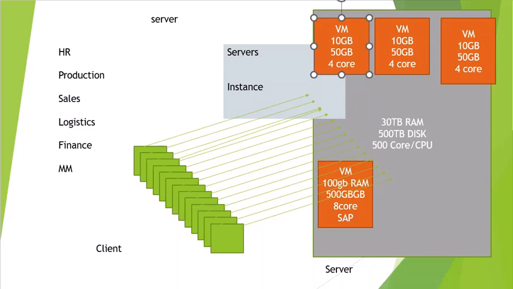This is called client server communication. You may have a number of departments, and an organization will have one particular server or big hardware which the company will buy, hire or take on lease. People can use it depending on their requirements. That's called client server architecture communication.